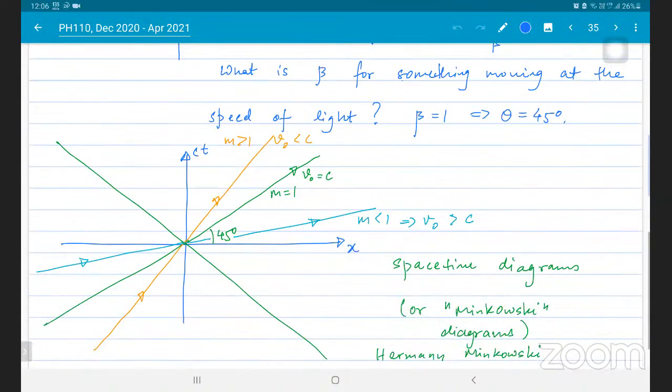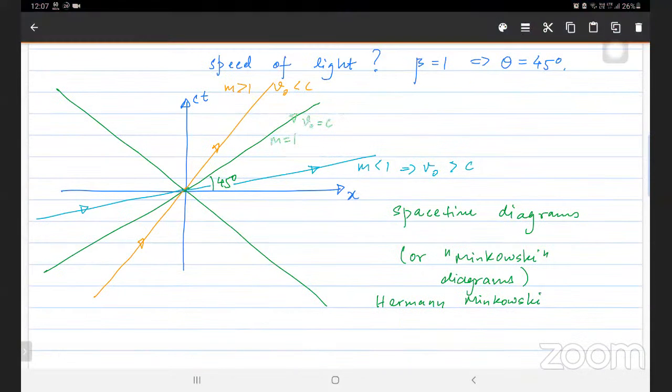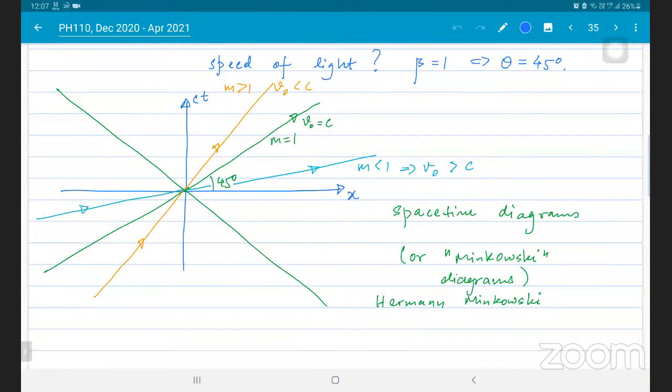Now, any line which has slope equal to 1 corresponds to something moving at the speed of light. Any line with slope greater than 1 corresponds to something moving at a speed less than light, and vice versa.